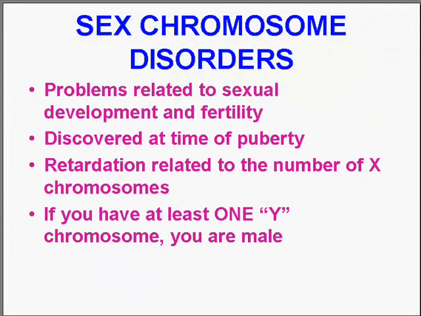Let's talk about the sex chromosome disorders. And in every case, there's some abnormal sexual development and fertility problem. Often they're only discovered at time of puberty, and that's why.